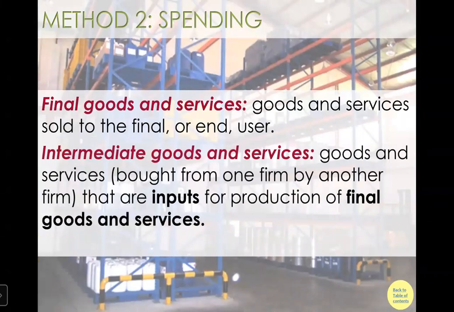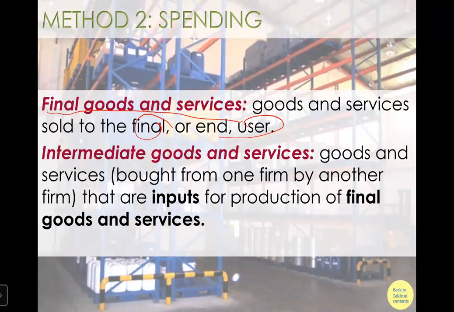Now, in terms of the other approach, with spending, we need to look at the final goods and services. The final goods are goods and services that are sold to the final or end user, like you and me, right? Like I explained to you last time.